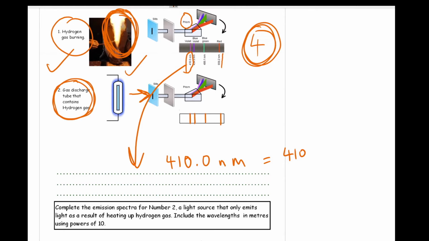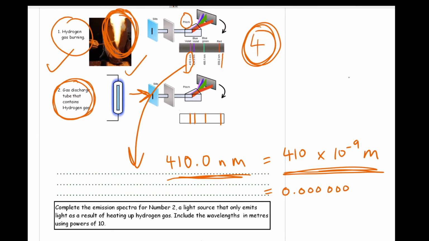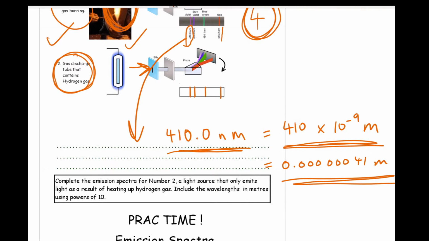You will find that nano is represented by 10 to the minus 9. Don't forget the units. We are looking at meters. So 410 nanometers is 410 times 10 to the minus 9 meters. If you put that into your calculator, you will get this value here. All of those 3 values are the same.